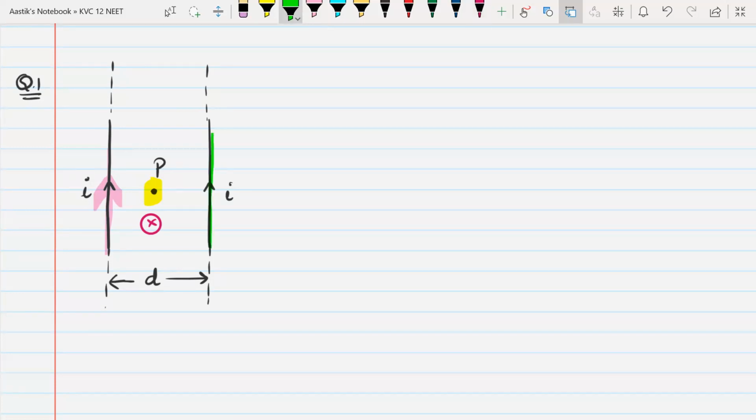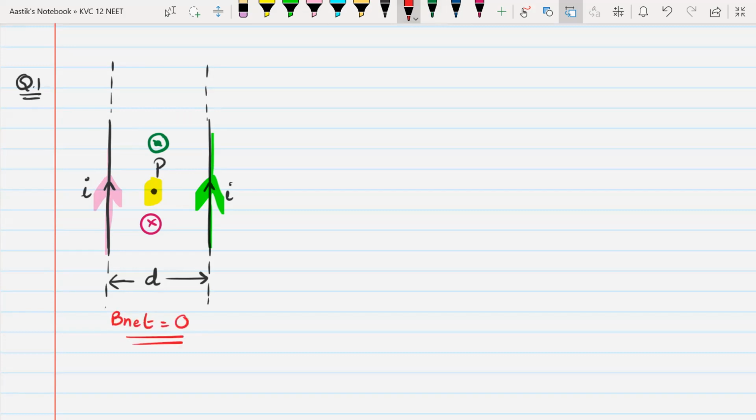What about the green wire? In which direction will the green wire create field? Outwards, sir. Are both the fields same or different? The current is same, the distance is same, so both the fields would be same in magnitude, yes or no? Yes, sir. So they will cancel each other out, and therefore the net magnetic field will be 0.